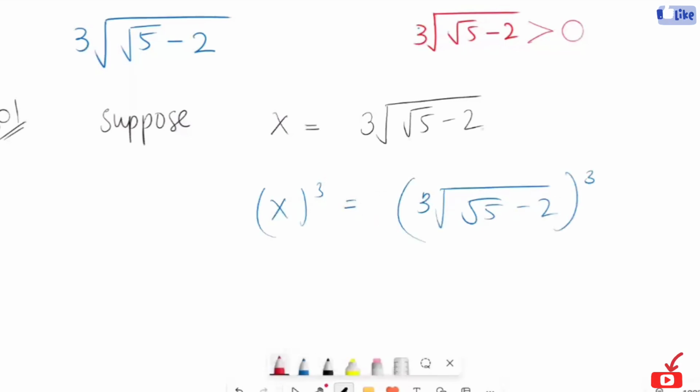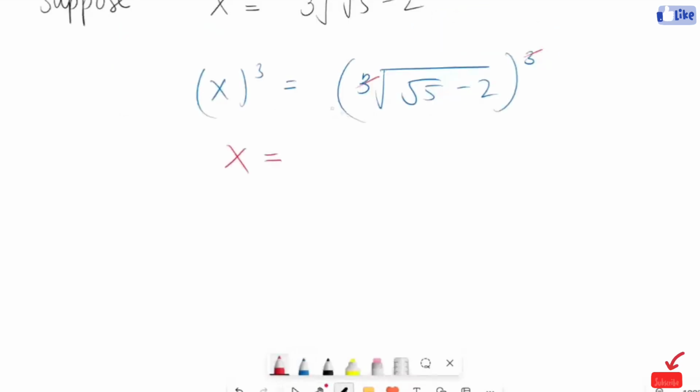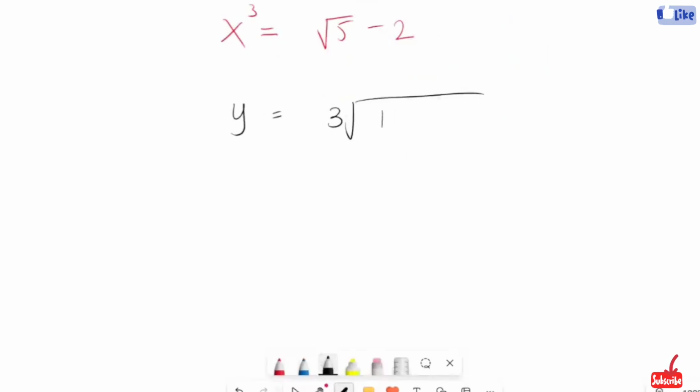Here this and this get cancelled, so we get x cubed is equal to square root of 5 minus 2.